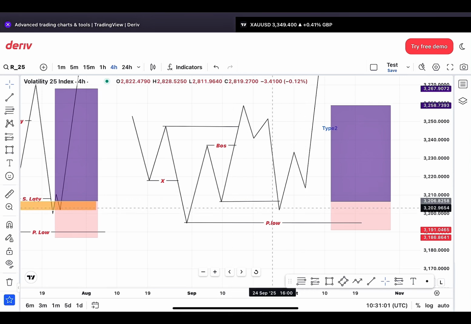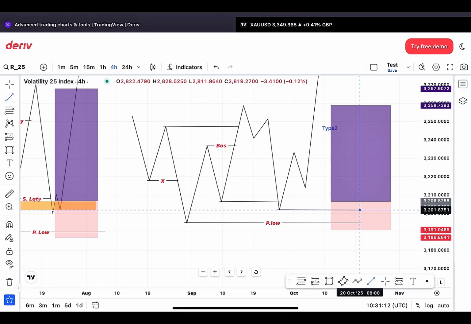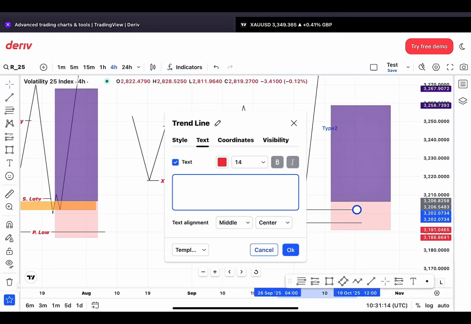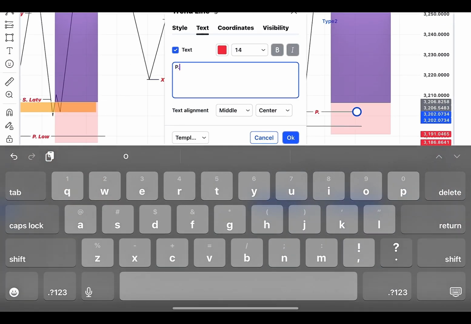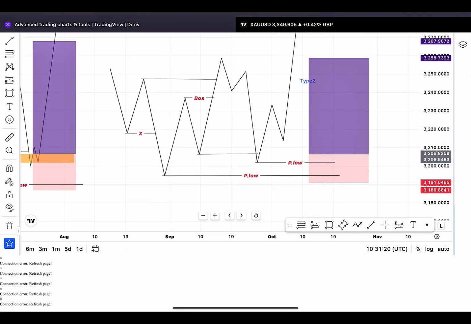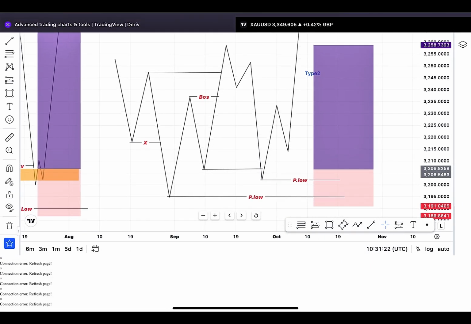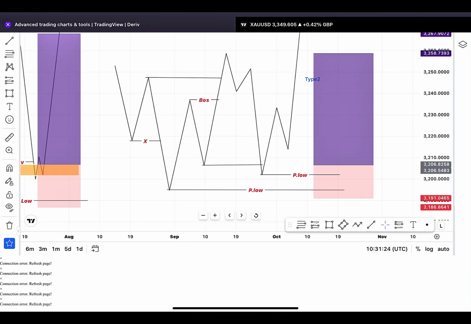As the market sweeps this low, this turns out to be the protected low, so you can still call it P low. As you can see, the market swept the liquidity and bought even more.